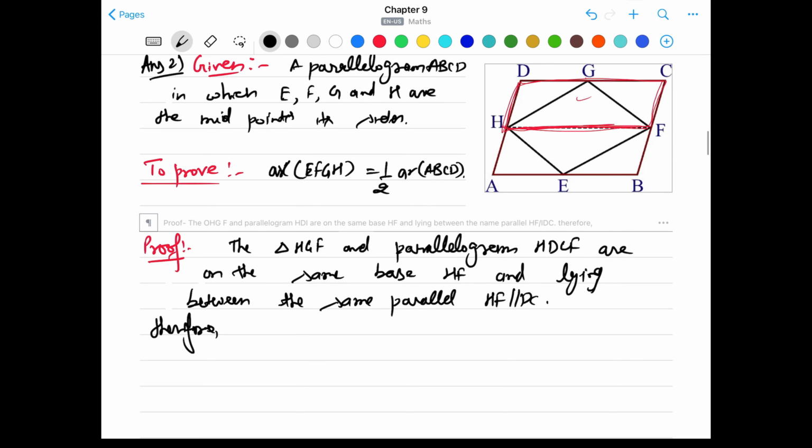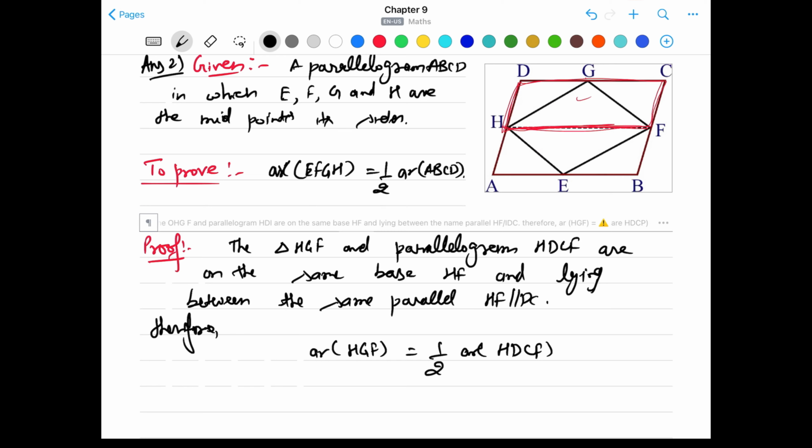Therefore, we have studied in example number 2 that if a parallelogram and a triangle are on the same base and between the same parallels, then the area of the triangle is equal to half the area of the parallelogram. Therefore the area of the triangle HGF will be equal to half the area of parallelogram HDCF.